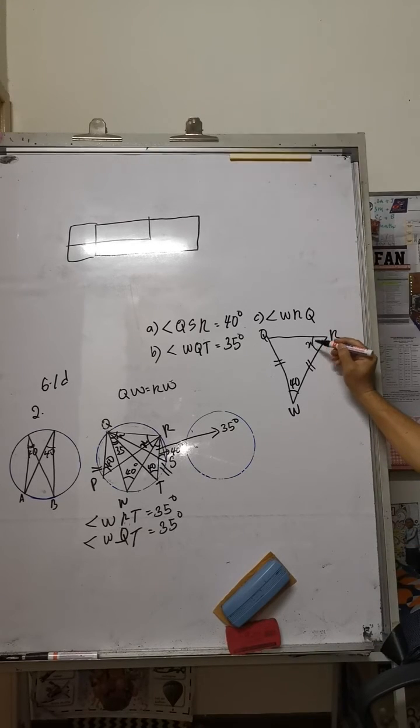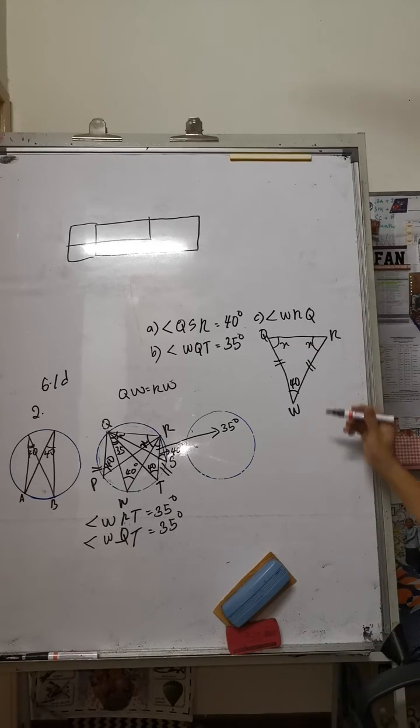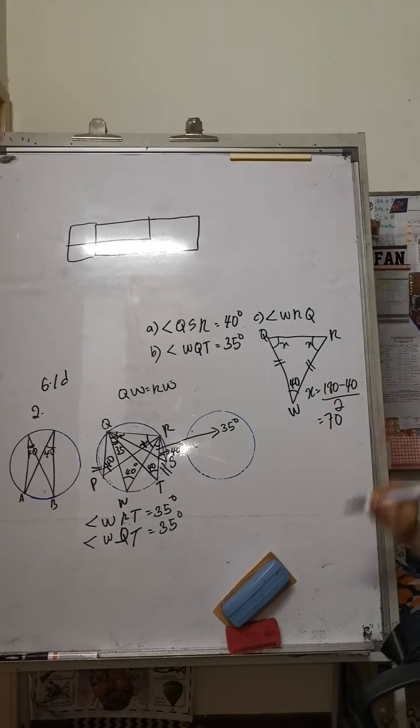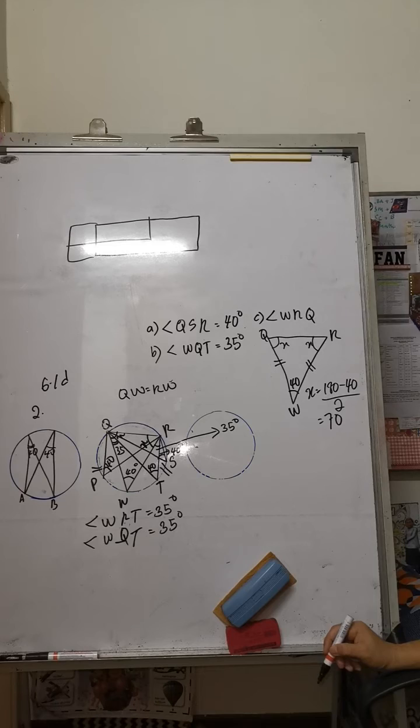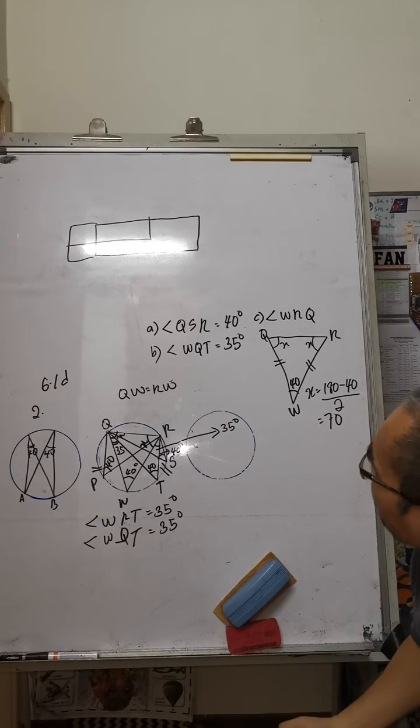So this is X, this is X. So we want to find the angle at Q or at R. So how to find that? It's just that X is 180 minus 40, then divide by 2. You get 70 degrees. So 70 here and 70 there.